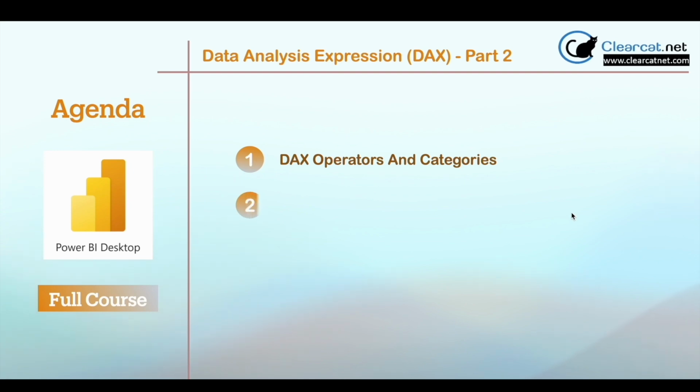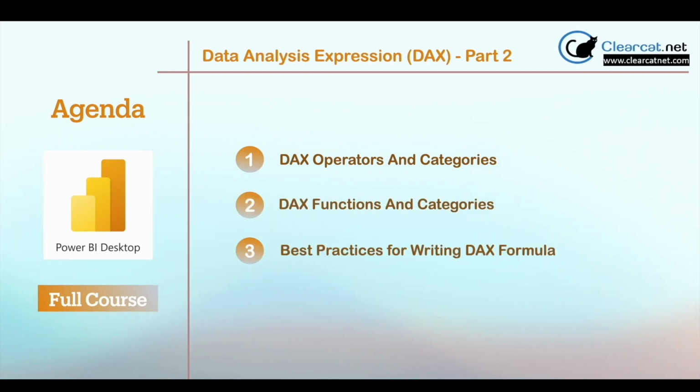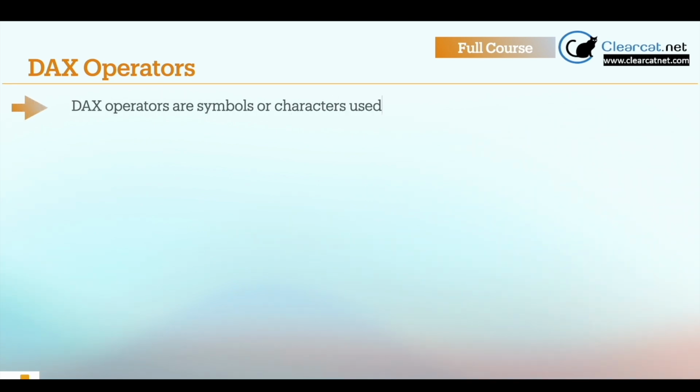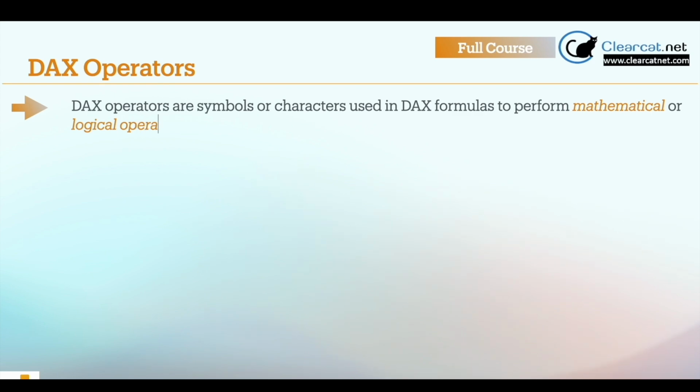DAX operators and categories, DAX functions and their categories, and best practices for writing DAX formulas. DAX operators are symbols or characters used in DAX formulas to perform mathematical or logical operations on expressions, values, and columns. So this is what we have to note down: expressions, values, and columns.